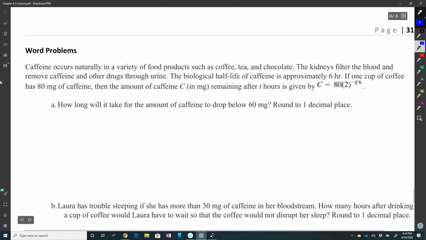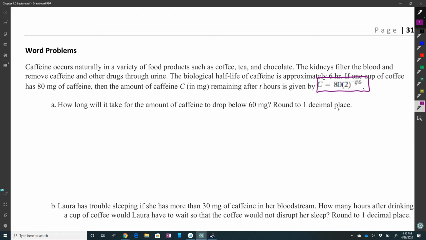So this question starts with caffeine, and so on about kidneys. And then they give you the equation. So we're not learning how to create equations yet. They have to give them to you. Creating equations will be Tuesday's lecture. So there's my equation.